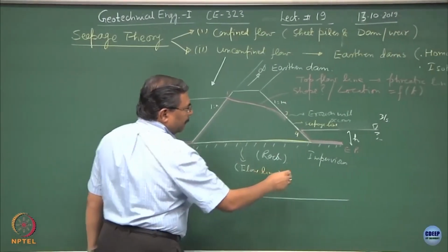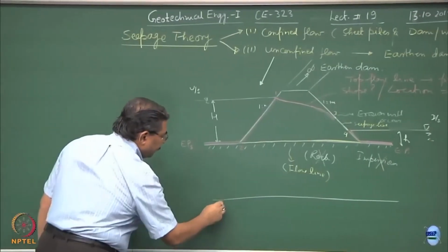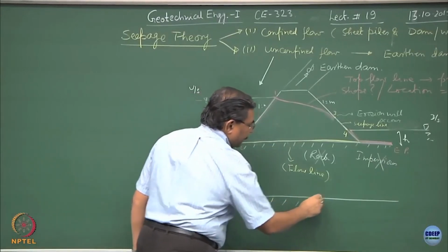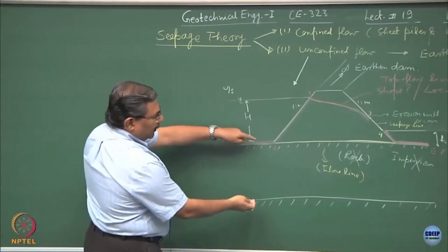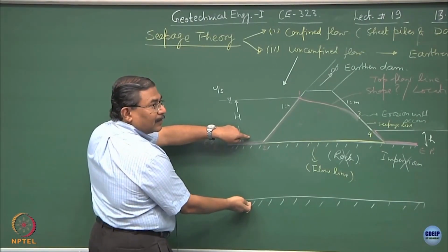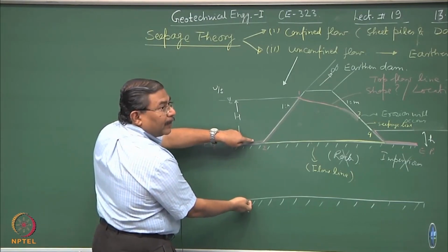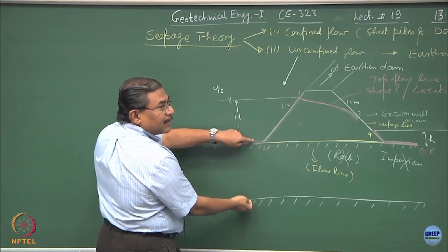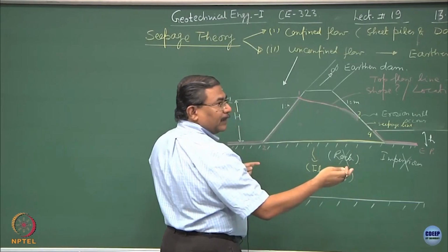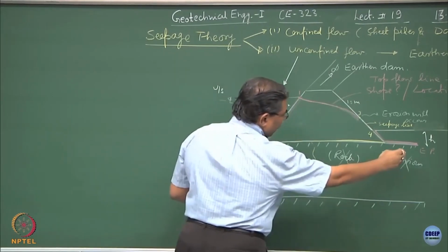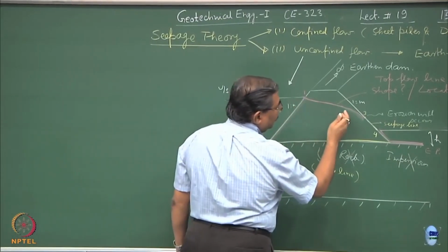So I will remove this impervious layer from here and shift the impervious layer somewhere over here. Now what has happened? This portion we have already analyzed, clear. So this is a sort of a confined flow. In real life, we have a composite porous media domain through which the seepage is going to take place. Some part of the seepage is going to take place through the foundations, the rest through the body of the dam.